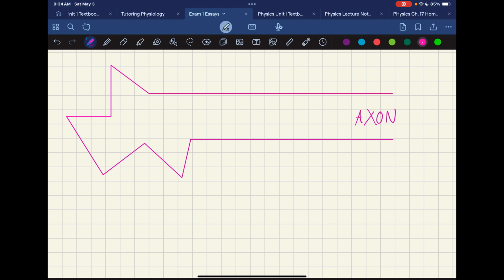Graded potentials are super awesome because they cause these ion channels to open up, which then allows positively charged ions like sodium to enter the cell and cause these messages to be transferred across the axon.